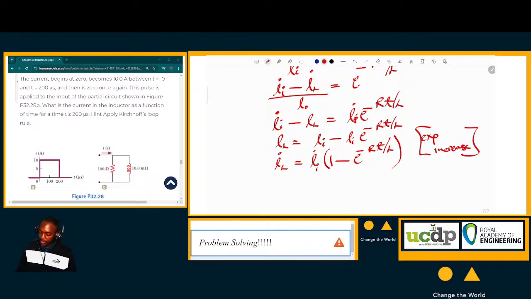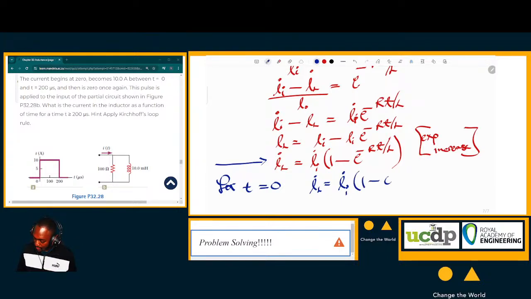So from this equation, we can confirm, if this is the expression for determining the current through the inductor, then we can say for t equals 0, if you substitute 0 in place of t there, your I through the inductor would be equals to I naught times 1 minus e to the power of 0.